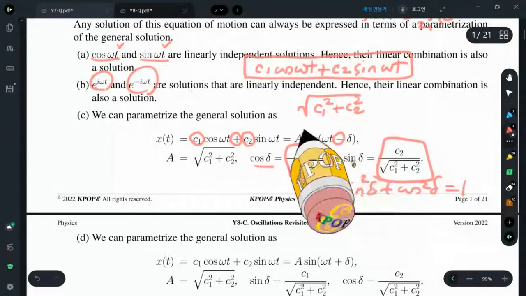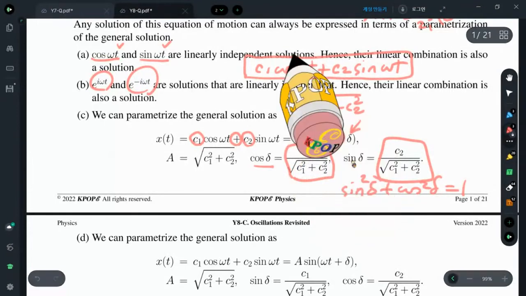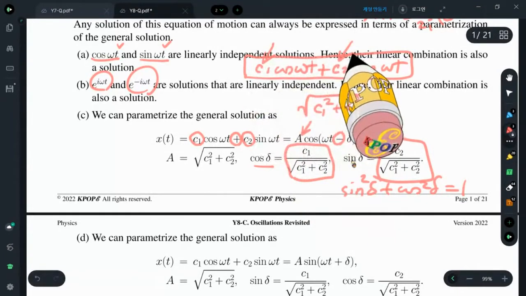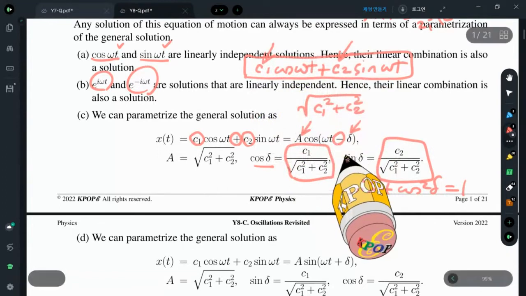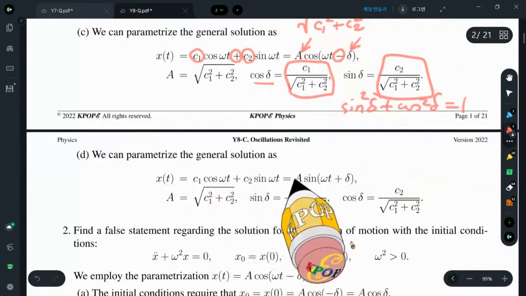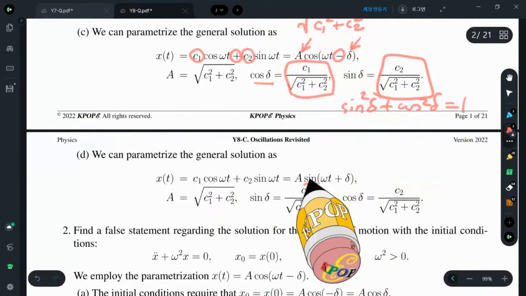So this one has two independent parameters. In here, we have two independent parameters. They are mathematically equivalent expressions. We can parameterize the general solution in terms of a sinusoidal function, not cosine but sine.